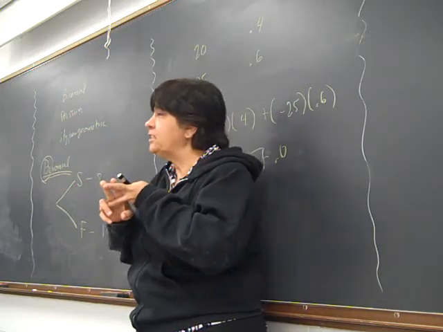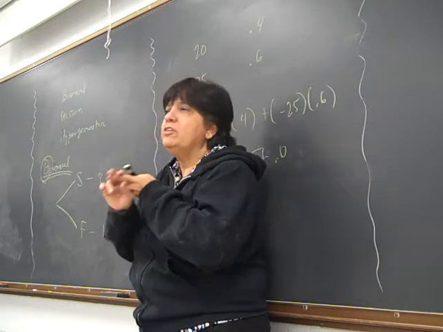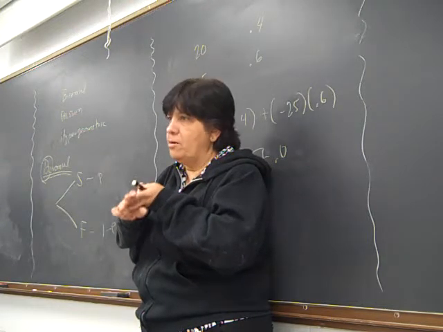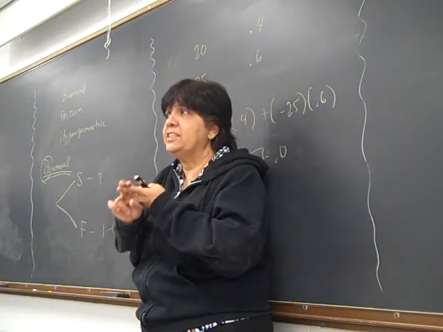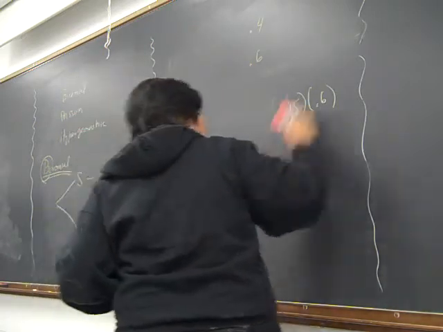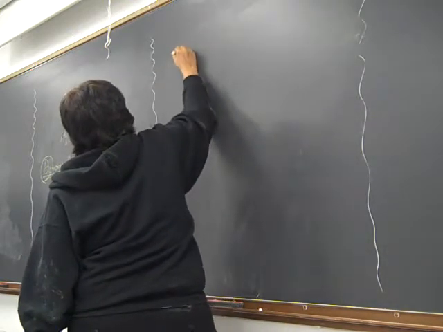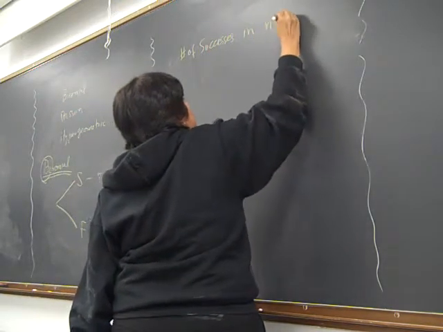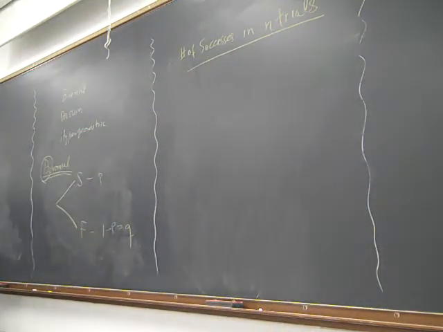The probability of success in each step is always P, and the probability of failure is always Q, or 1 minus P. We are interested in the number of successes in n trials.